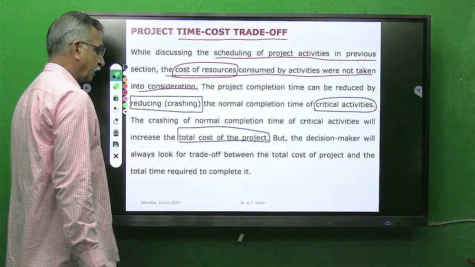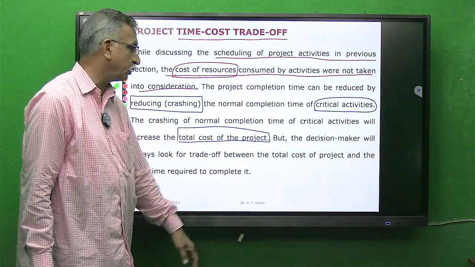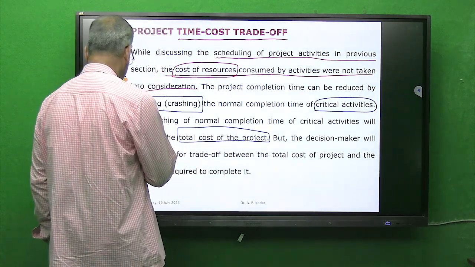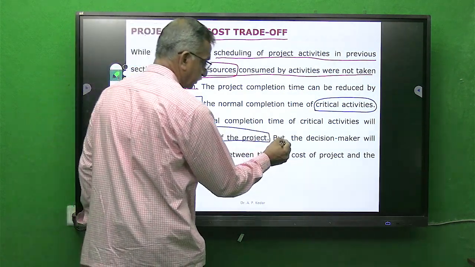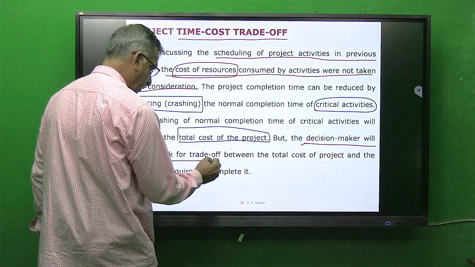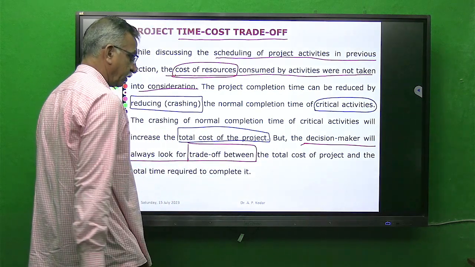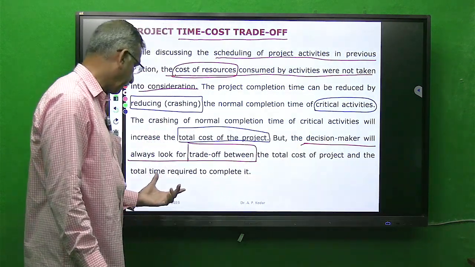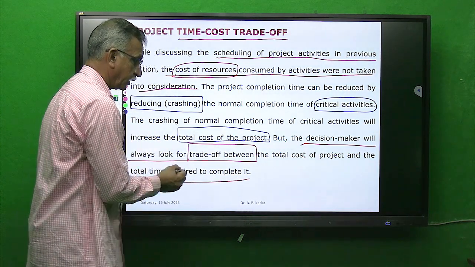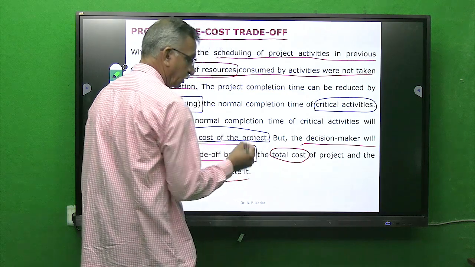The crashing of the normal completion time of critical activities will increase the total cost of the project, but what is again important, the decision maker will always look for a trade-off, the very important catchy word, trade-off between total cost of the project and total time required to complete it. Again, focus your attention on this total cost of project.